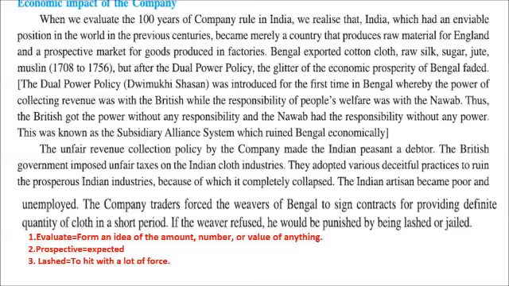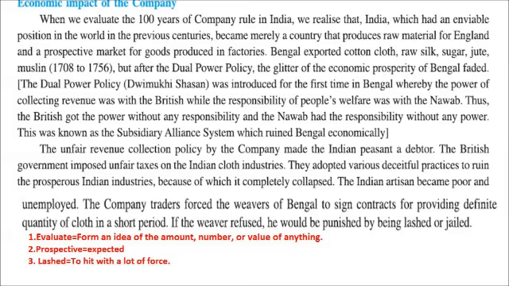It means British got the power of collecting tax, but they had no responsibility. On the other hand, Nawab had lots of responsibility but no power to collect the tax. This was known as dual power policy. You need not write subsidiary alliance system over here. And this Dvimukhi Shasan destroyed Bengal monetarily, that is economically.